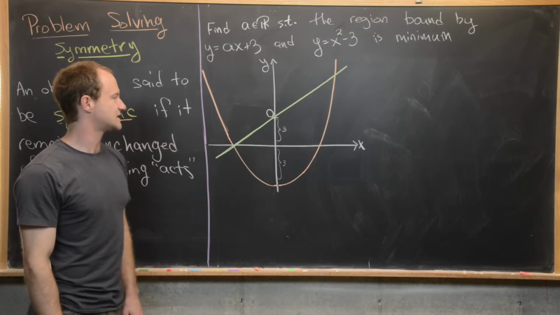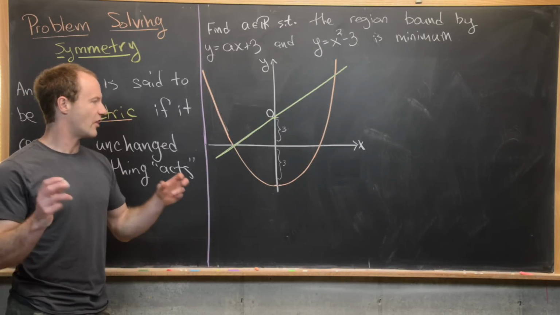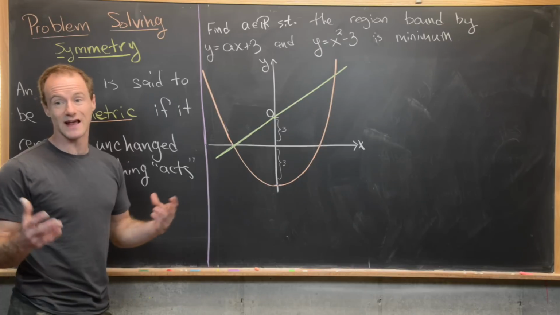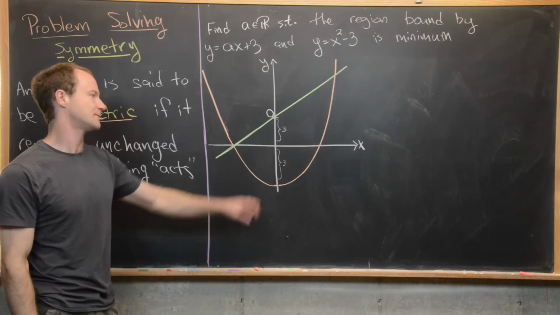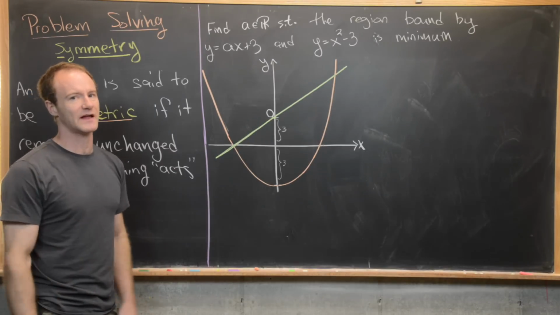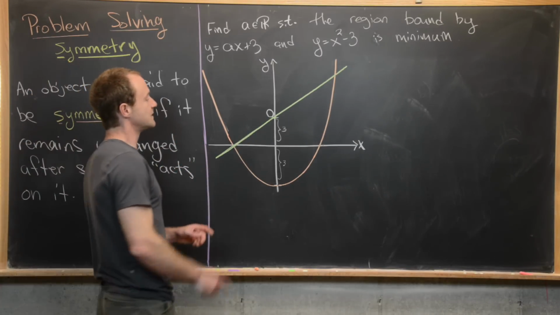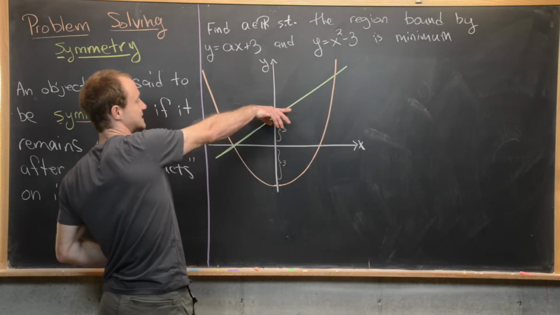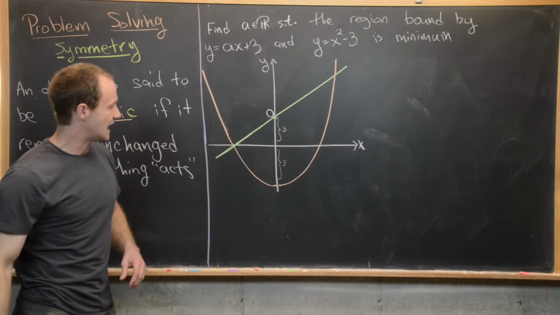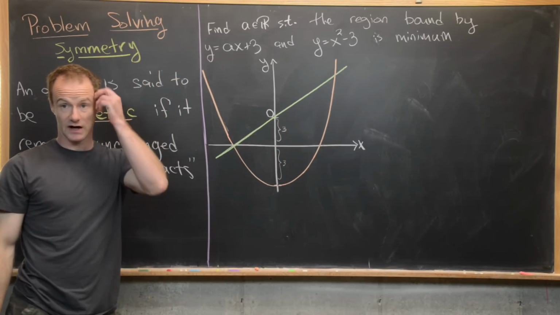I've called the y-intercept of this line O because this is going to be the origin for our setup geometrically of this whole picture. I know the origin is down here, but I'm going to call this O because it'll play a central role. What we want to do is tilt this green line in a way that makes this area right here as small as possible.